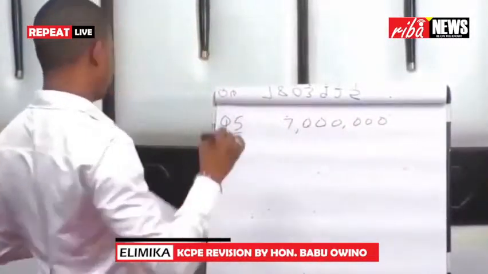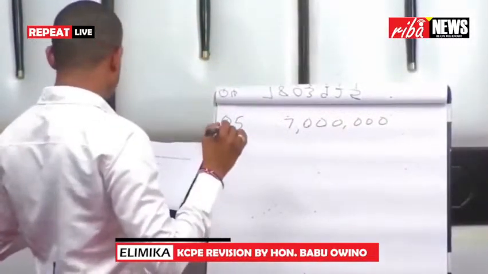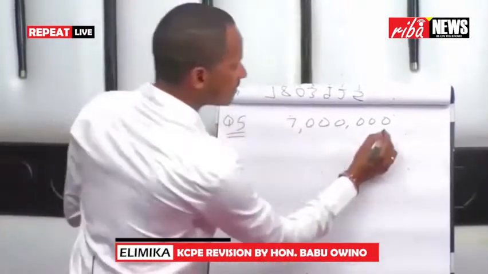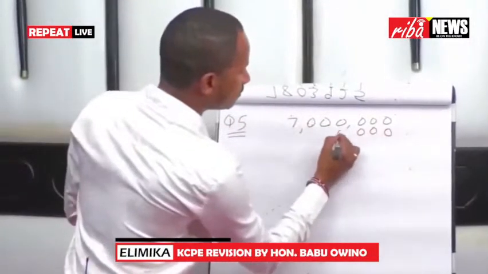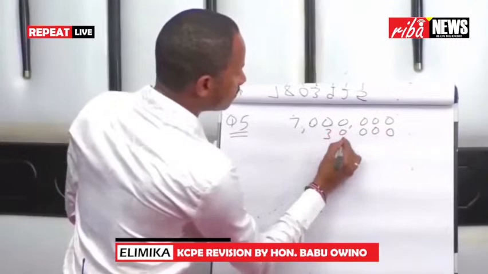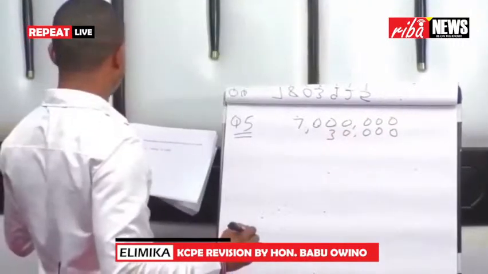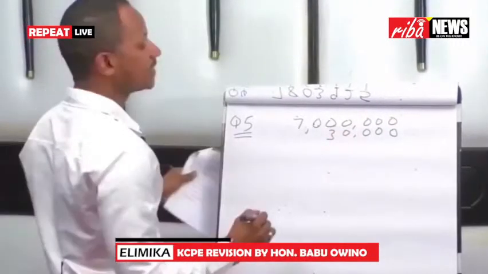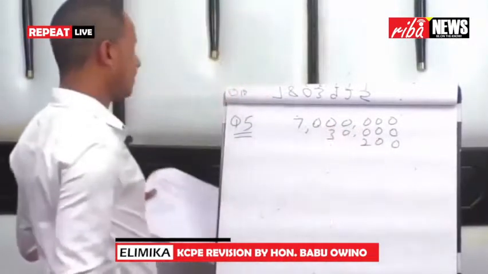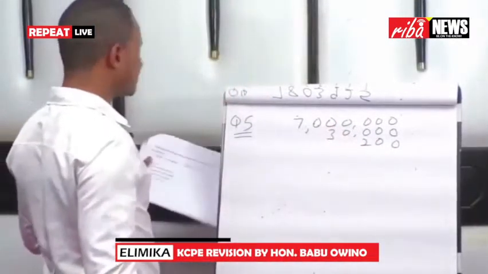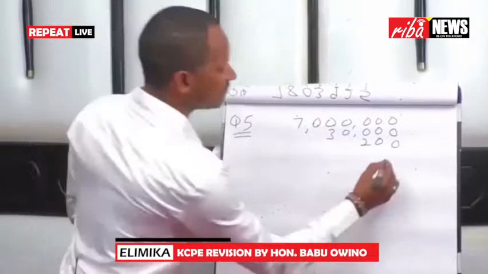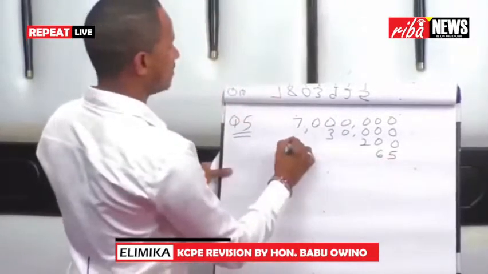That is 7 million. The next is 7,030,000. That is 30,000. 200. And 65. So just add these ones.